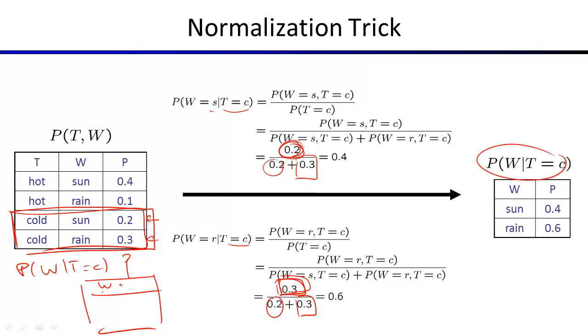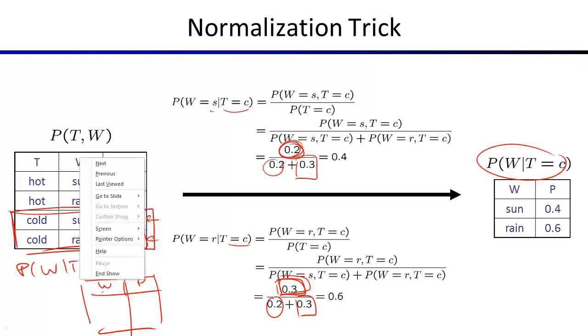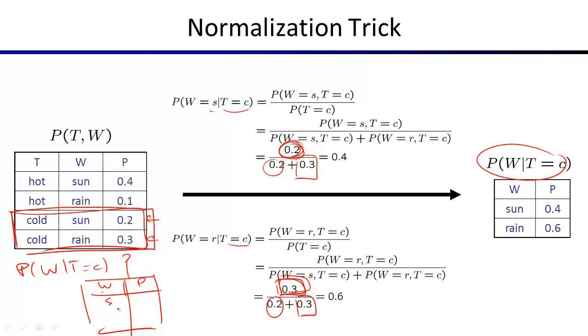Weather could be sunny or rainy. I just grabbed the 0.2 and the 0.3. Now I see that's not the conditional distribution because it doesn't sum to 1. Exactly right. So we have to make this sum to 1. We sum these together, which gives us 0.5, and then divide each entry by 0.5.